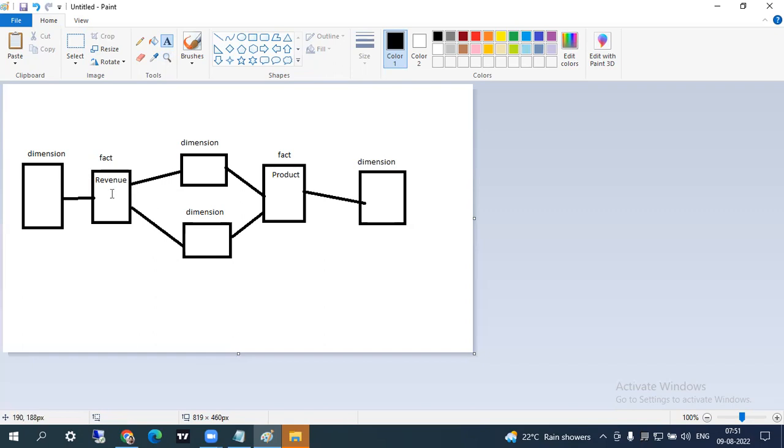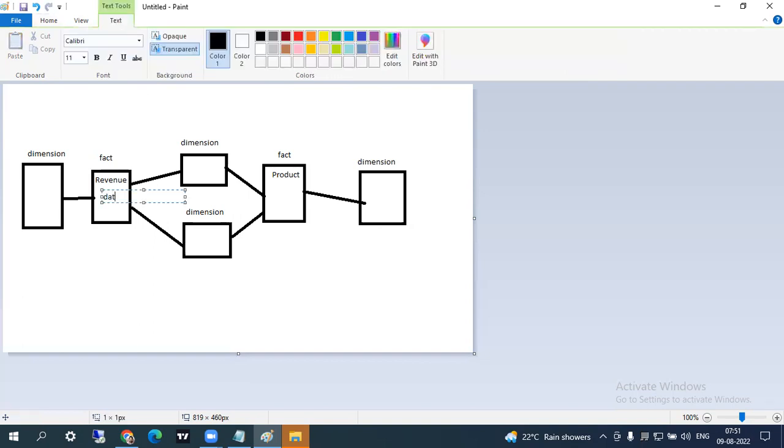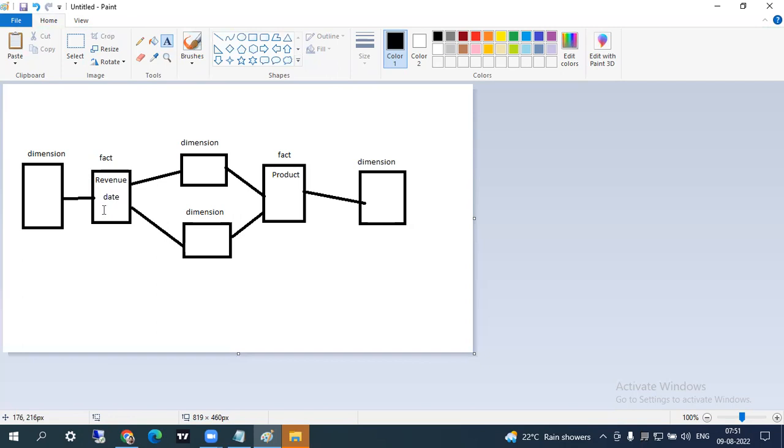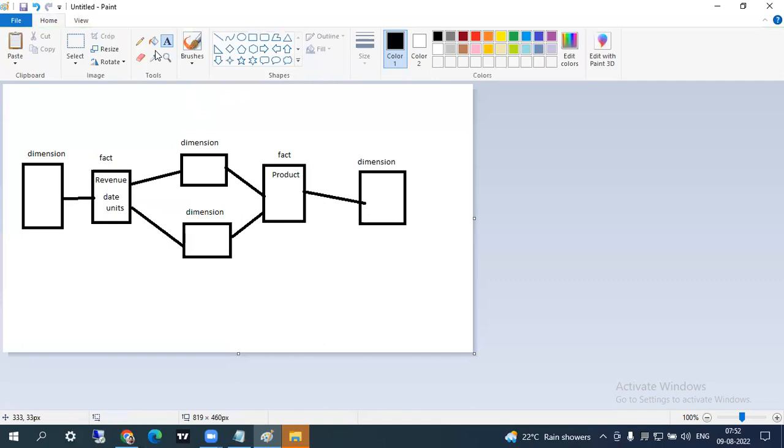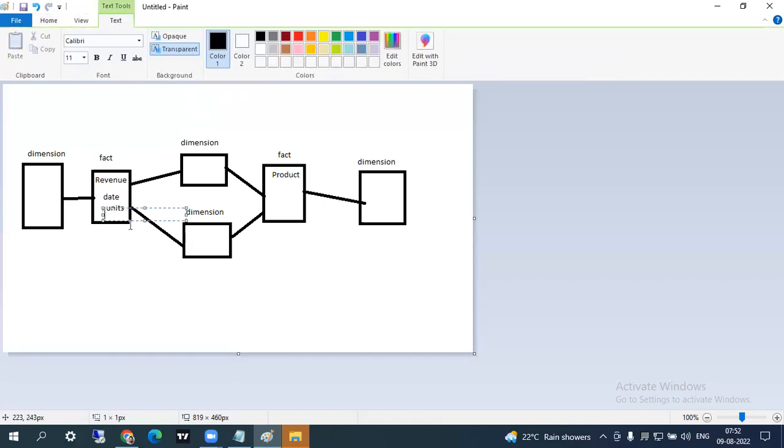And the other is revenue, with respect to what other things they will capture regarding the date. The revenue measures they will capture are date, units sold, and sales number, sales amount.